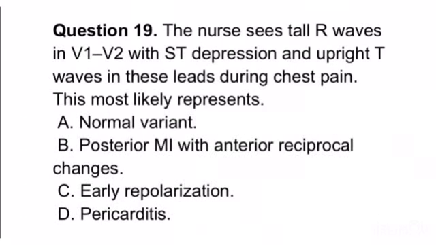Question 19. The nurse sees tall R waves in V1, V2 with ST depression and upright T waves in these leads during chest pain. This most likely represents: A. Normal variant, B. Posterior MI with anterior reciprocal changes, C. Early repolarization, D. Pericarditis.